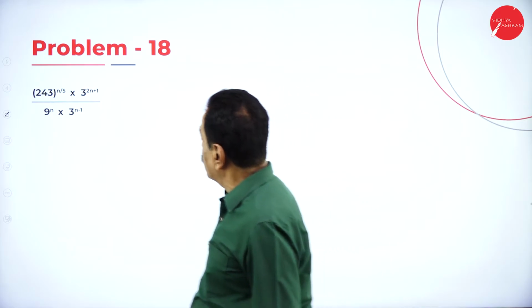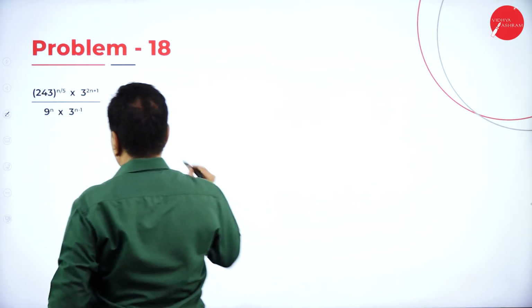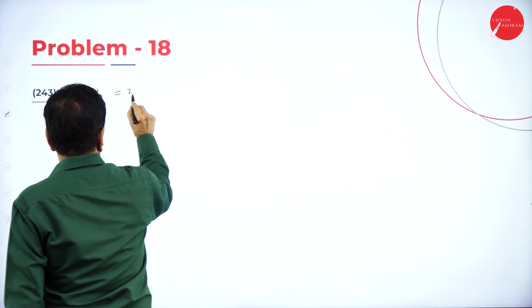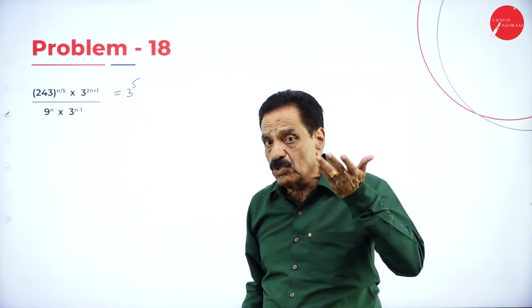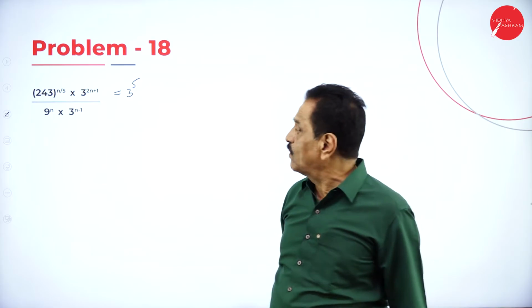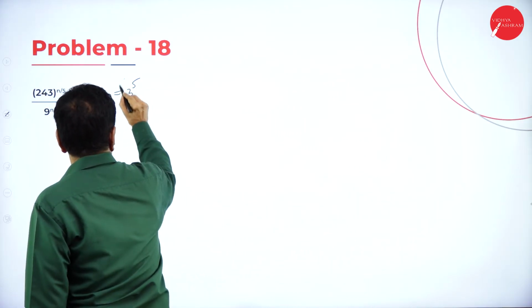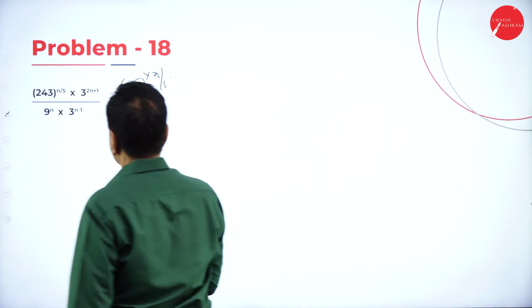243 to the power of n divided by 5. So 243 can be written as 3 to the power of 5. 3 threes are 9, 9 threes are 27, 27 into 3 is 81, 81 into 3 is 243. So 3 to the power of 5 into n divided by 5.